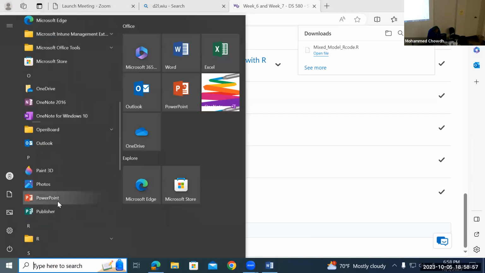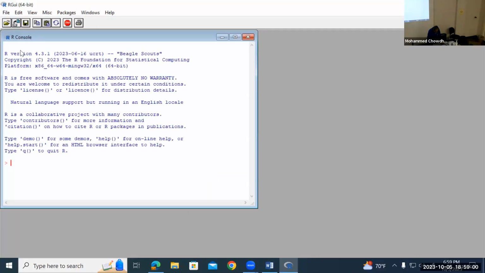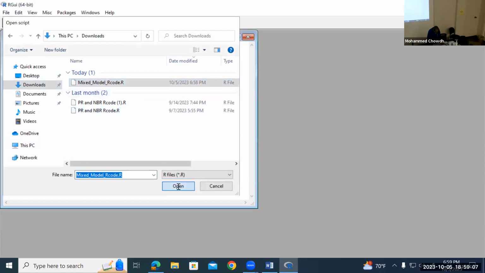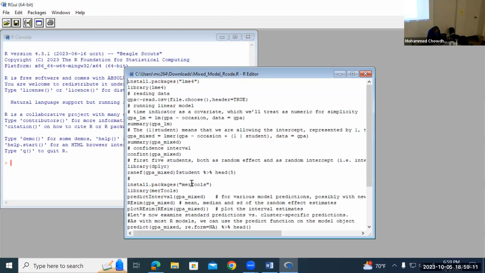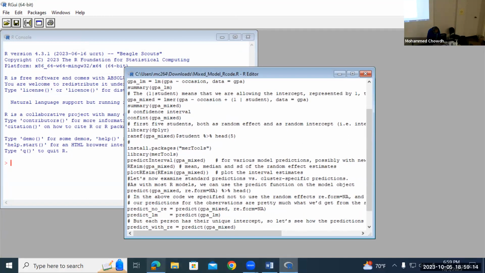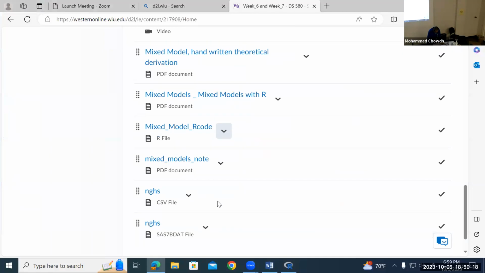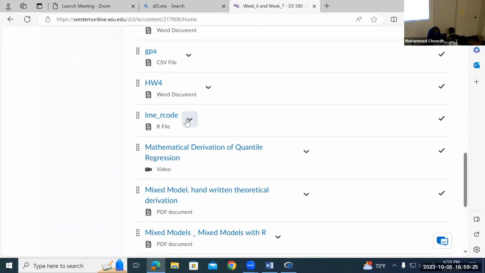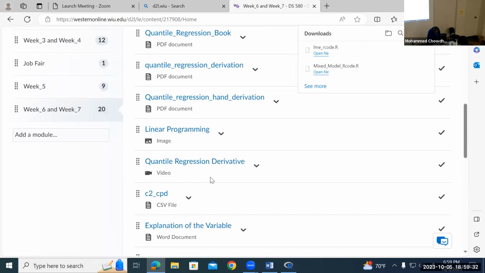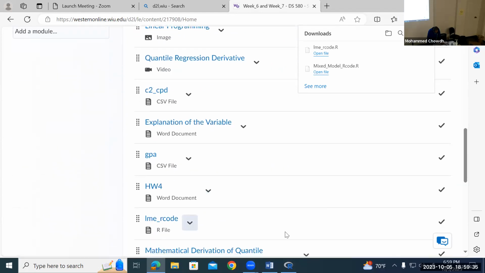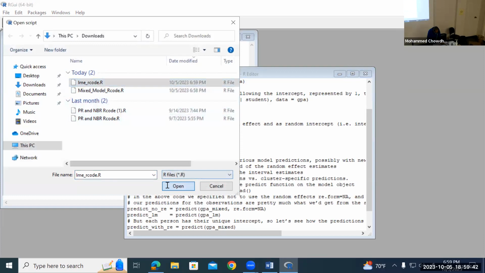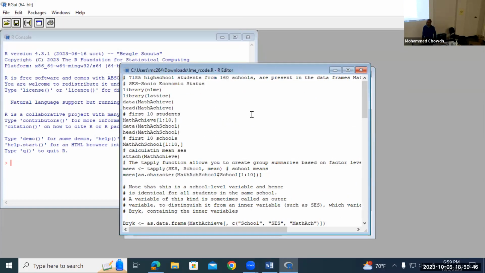Let me open the R. Okay, so that is the example I discussed.